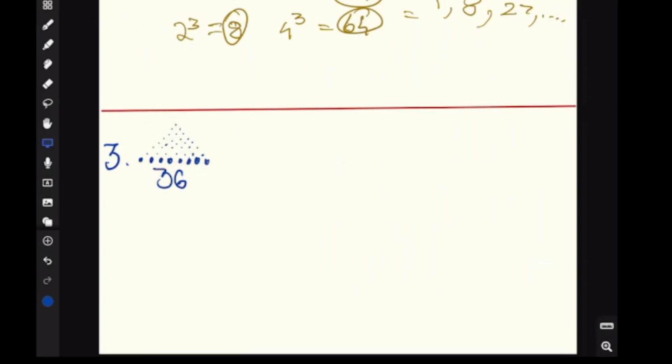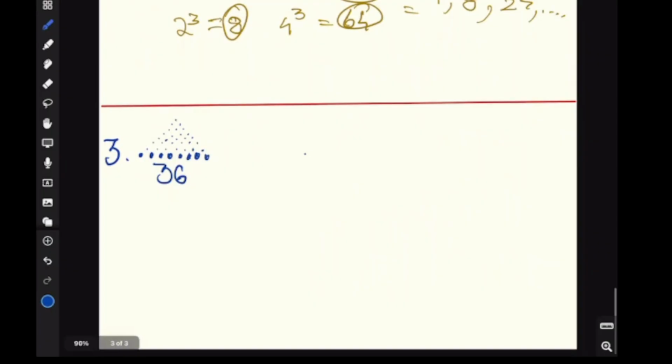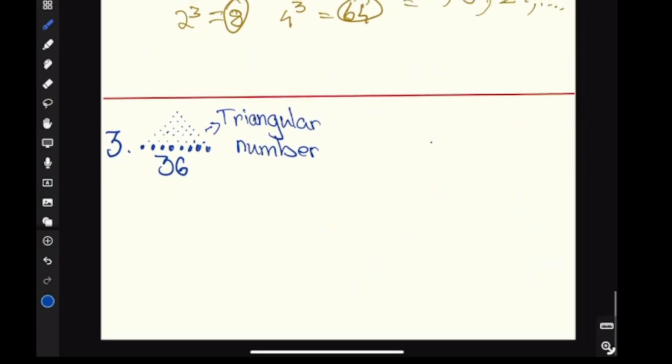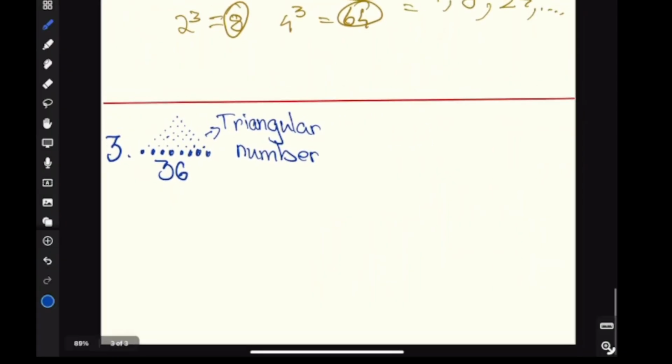Now let's see for squares. This was for triangular numbers, and the next is squares. So we have 36. What is 6 square? 36.